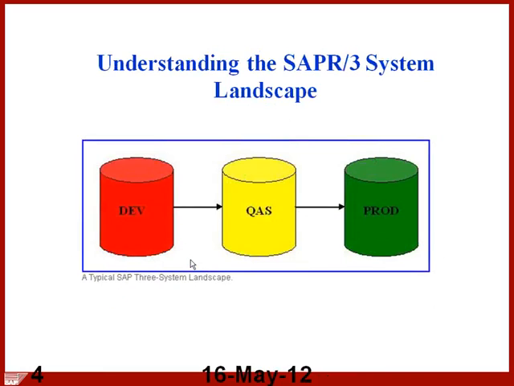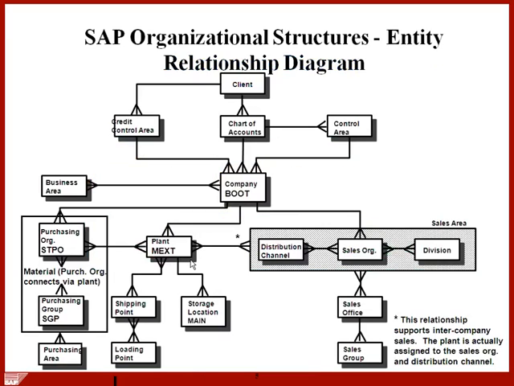We also discuss the system landscape: what is the development system, the quality assurance system, the production or live system, where the transport is triggered, from where it should move, what is a transport request, a customizing request, a workbench request. All these things we will discuss in the first class.